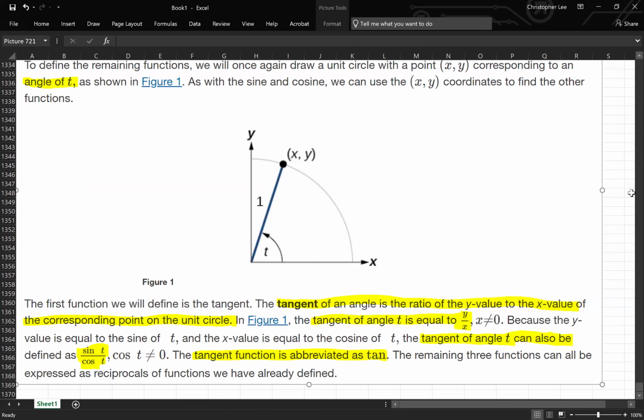Because the y value is equal to the sine of t and the x value is equal to the cosine of t, the tangent of angle t can also be written as sine of t over cosine of t, where cosine of t cannot equal 0. The tangent function is abbreviated as tan. The remaining 3 functions can all be expressed as reciprocals of functions we have already defined.